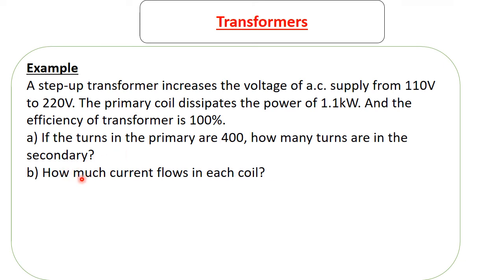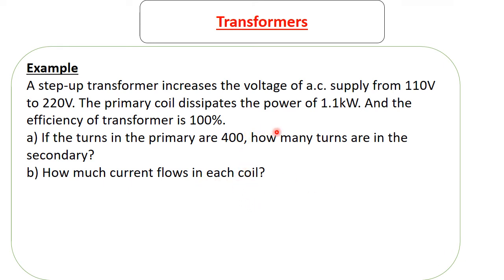The second question is how much current flows in each coil. So in the primary coil, since the transformer is 100%, we can use that relation between primary voltage, secondary voltage, and primary current and secondary current. Now the issue is how do we determine the primary current, because they have said how much current flows in each coil, meaning the primary coil and the secondary coil.